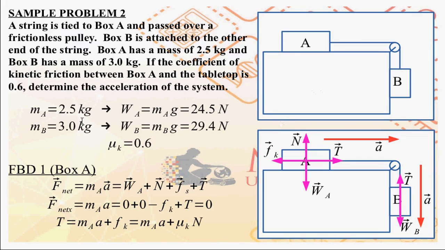So we know mass A, 2.5 kilograms. Knowing mass A, we are able to get weight A, magnitude. We know M_B, the mass of box B, 3 kilograms. Knowing M_B, we are able to calculate the weight magnitude of box B. The coefficient of kinetic friction between box A and the tabletop, so mu_k is equal to 0.6.